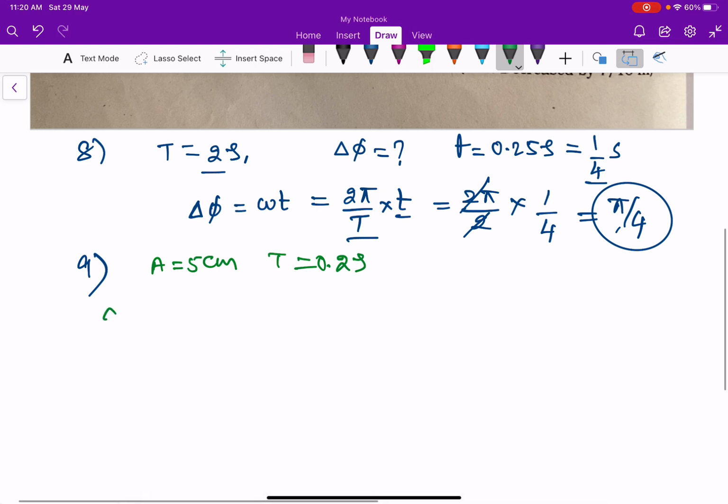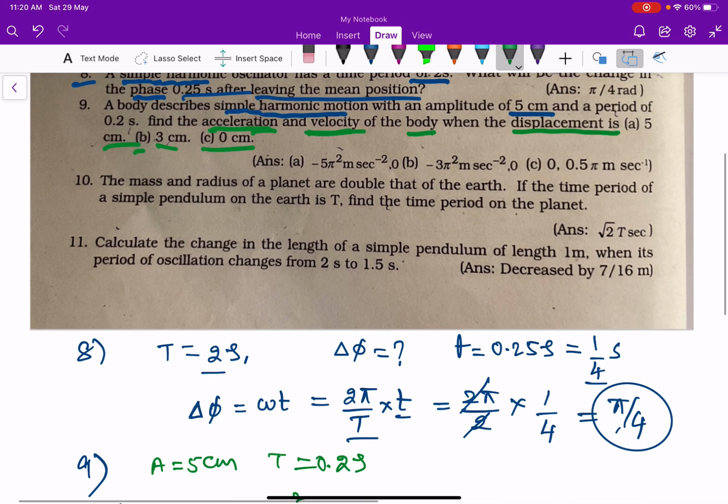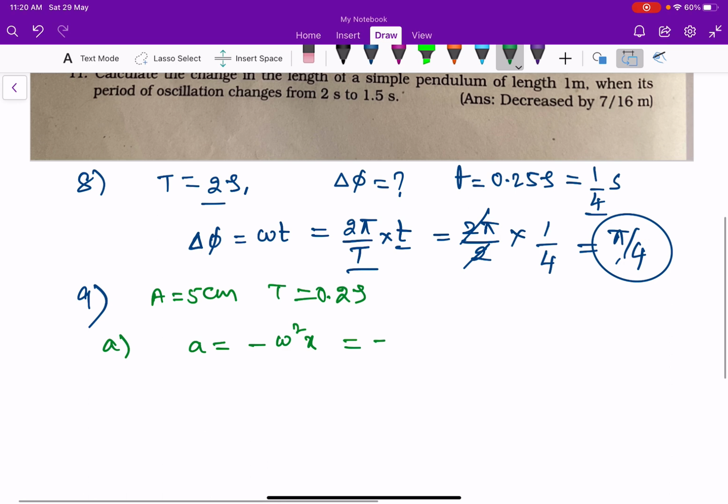So first one is acceleration a equal to minus omega square x. Omega is nothing but 2 pi by T, whole square into x. Time period is given, and x value is also given.